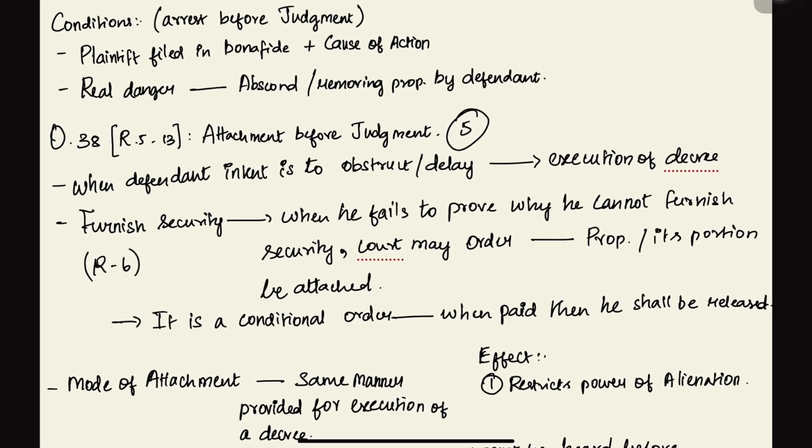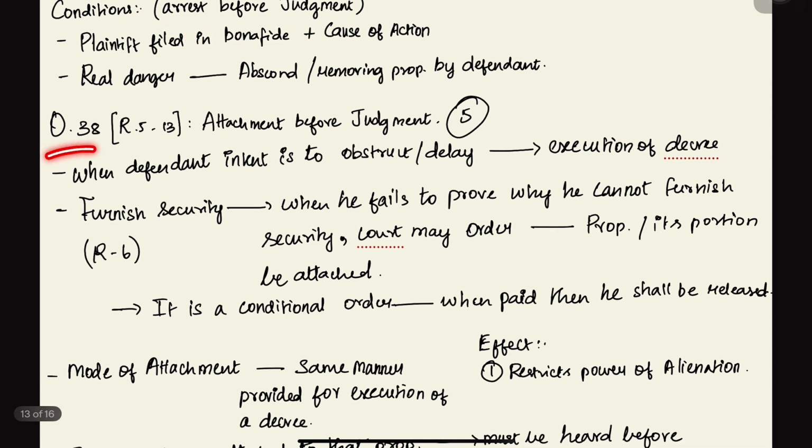And conditions of arrest before judgment would be: the plaintiff has filed the case in a bona fide intention and there is a cause of action involved, and there is a real danger of absconding or removing property of the defendant. Only then can arrest be done before the judgment.